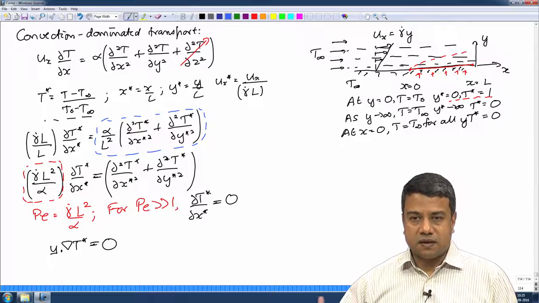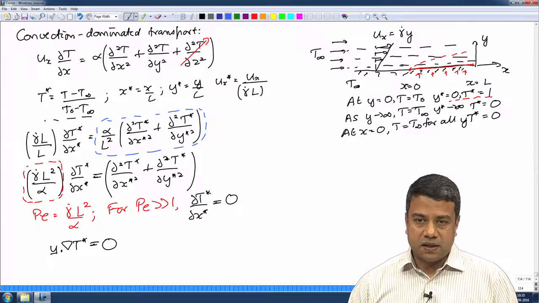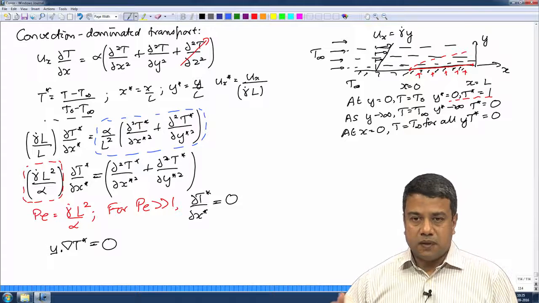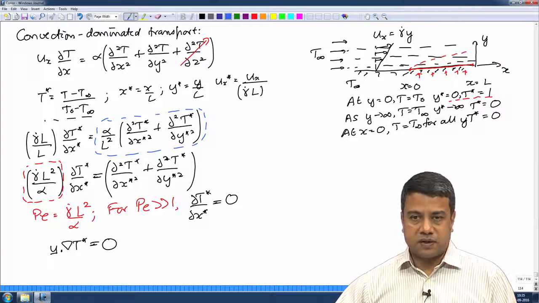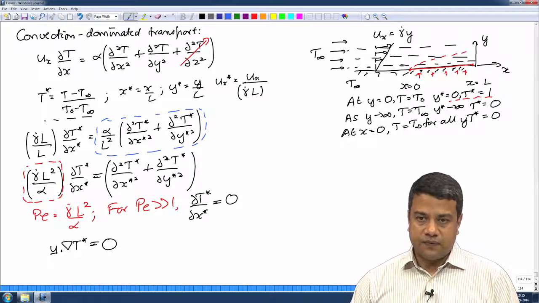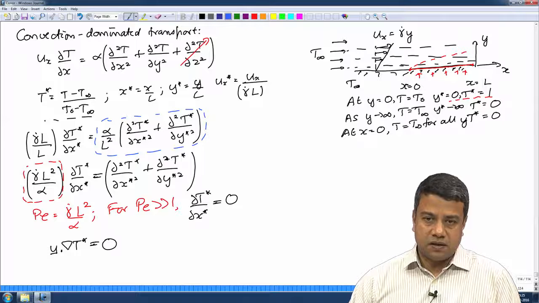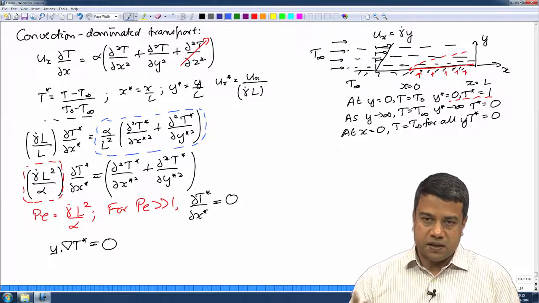Therefore, we have to scale the cross stream dimension differently compared to the streamwise direction. We have to scale it by the thickness of the region where the heat has diffused. The thickness of that region will decrease to 0 as the Peclet number goes to infinity. The thickness will be smaller as the Peclet number is larger.